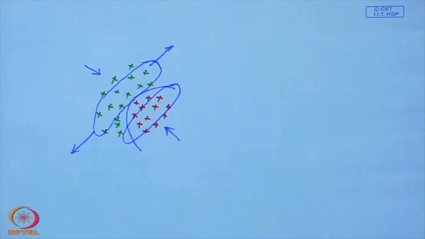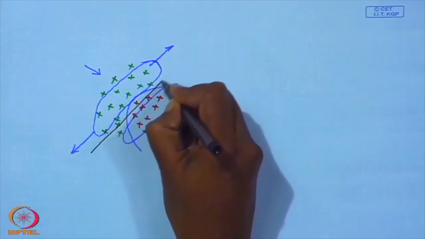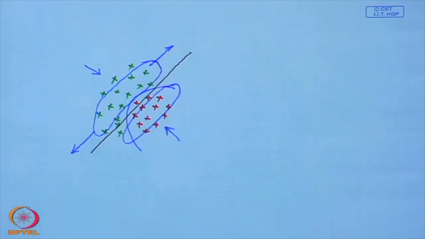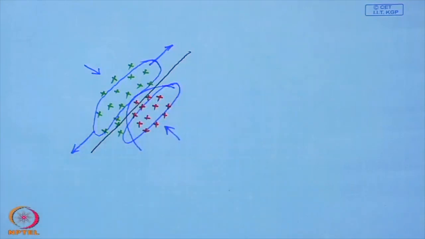Because of this nonlinear transformation, it may now be possible to find a straight line which separates these feature vectors from these feature vectors.